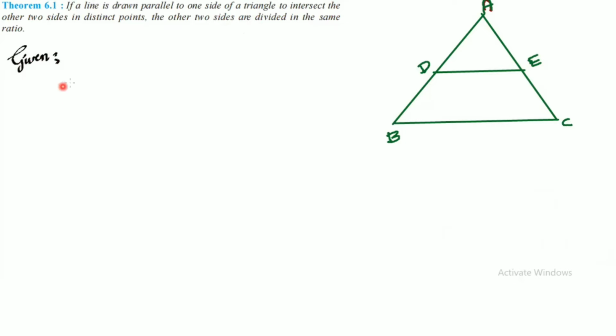They gave that there is a triangle ABC where DE is parallel to BC. This much information we have. There is triangle ABC, in the triangle some line DE is parallel to BC.